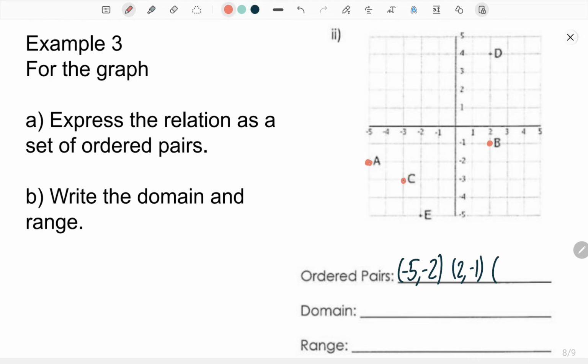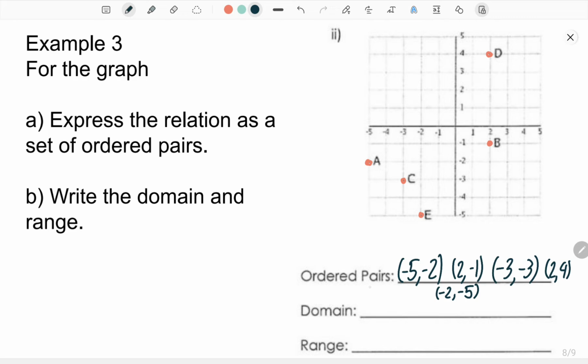C, 3 to the left, so -3, down 3, so -3. D is 2 to the right, and up 4, 2, 4. And the last one, E, is 2 left and down 5. So -2, I'm just going to write it below, -5. So I didn't quite have enough space there.